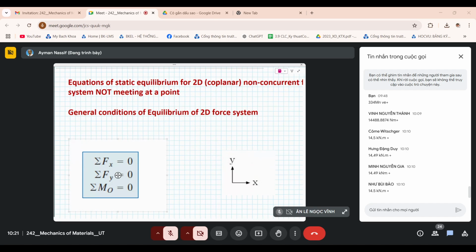There is no linear translation of the system.